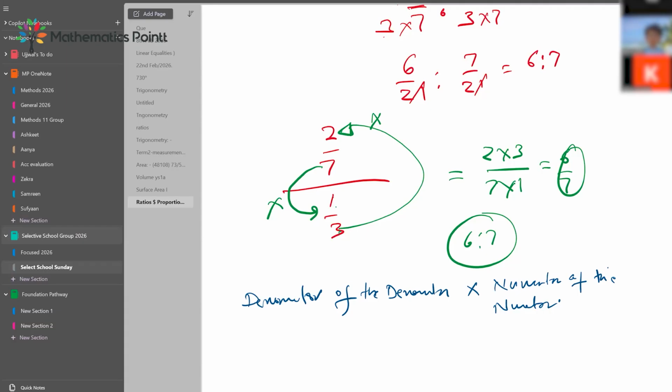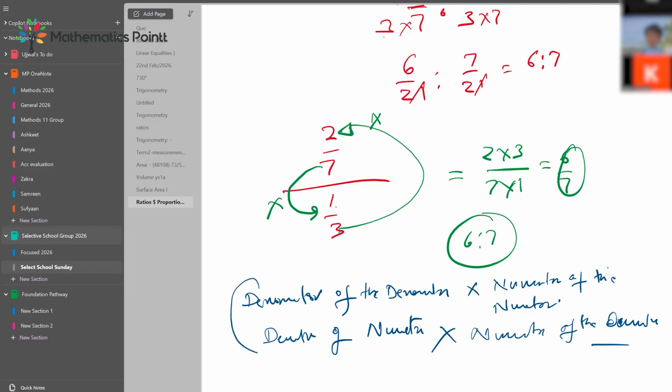Oh, you flipped them. Yes, that's right. Keep flip change. Yeah, anything that works. And the denominator of the numerator is multiplied by the numerator of the denominator. That's it. That's the trick. As simple as that.